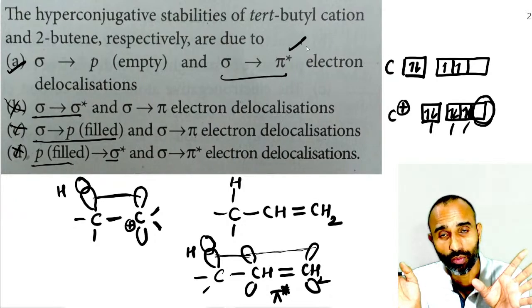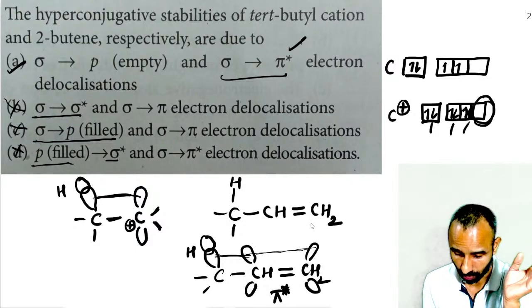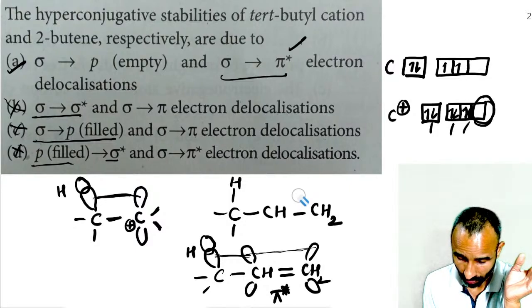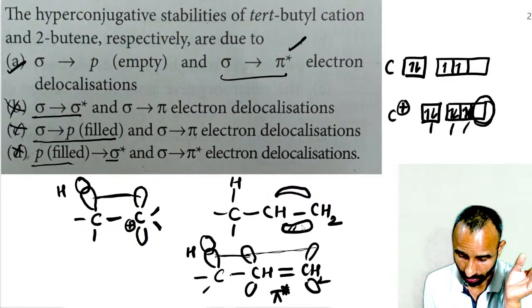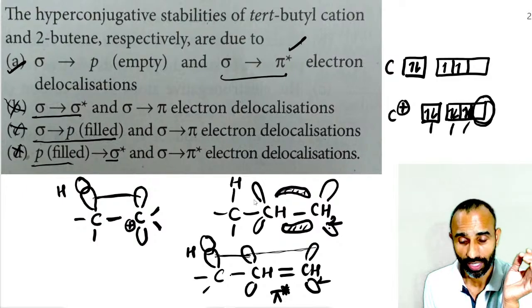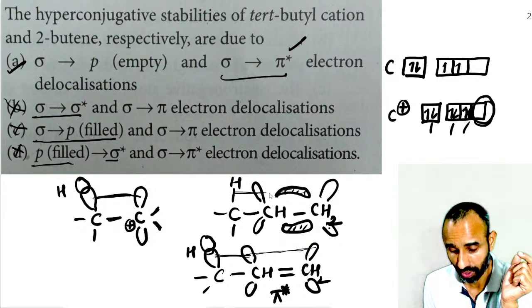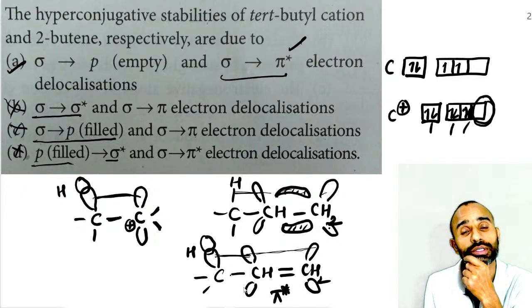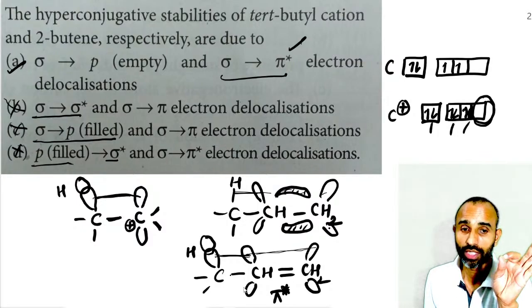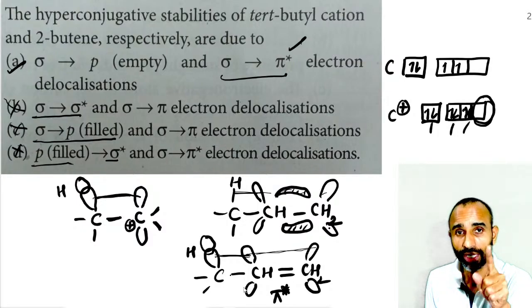not the pi orbital, because this pi orbital is like this: one electron cloud above the plane, other below the plane. But pi star is like this, and that will interact with the sigma bond. Understood. So it is sigma and empty p in case of carbocation.